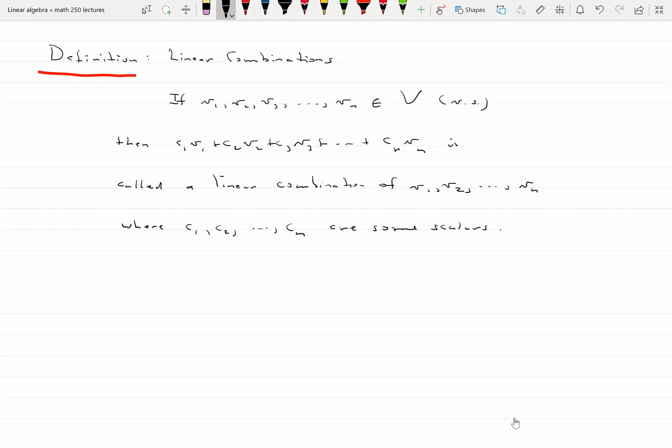Okay, the definition of linear combinations is not a real complicated one, even if it seems like it.